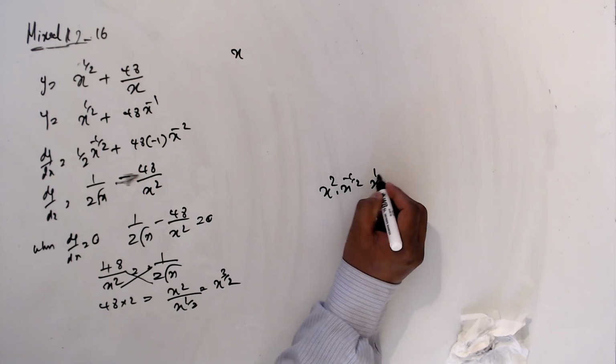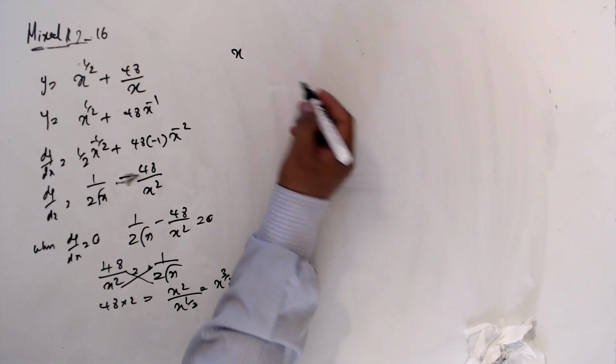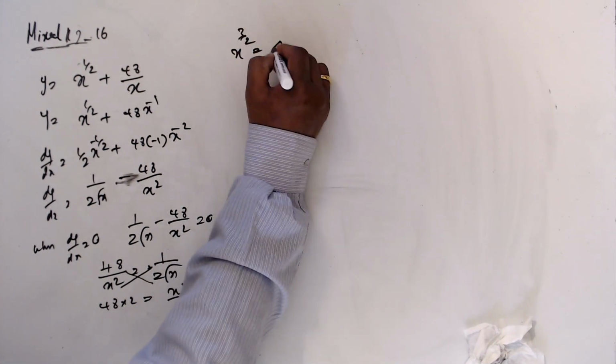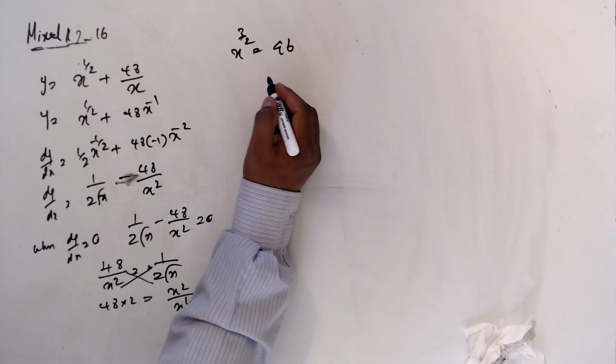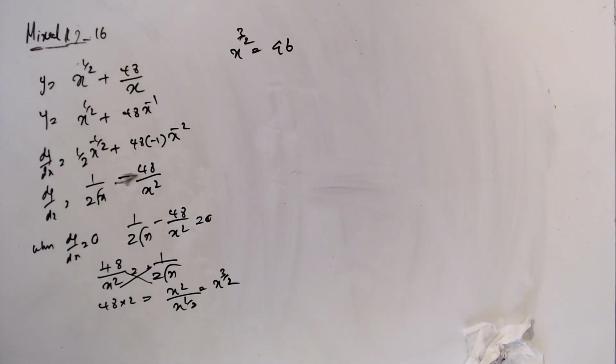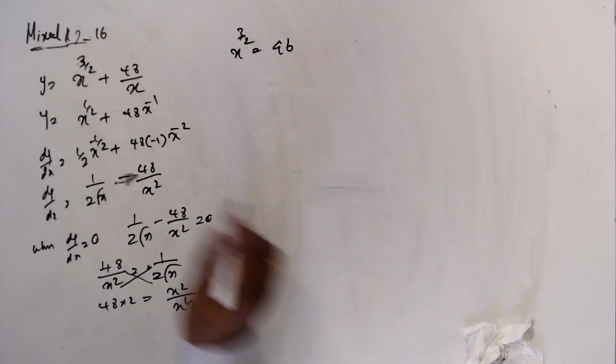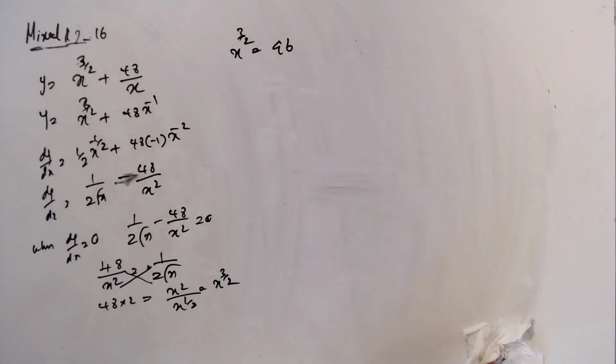When you take half of 1.5, it's 3 over 2. x^(3/2) is 96. I think I had to rework this sum because the sum is 3 over 2 and this is 3 over 2.